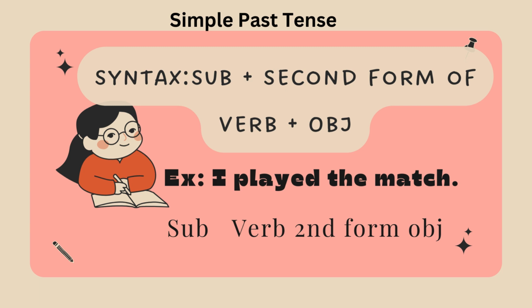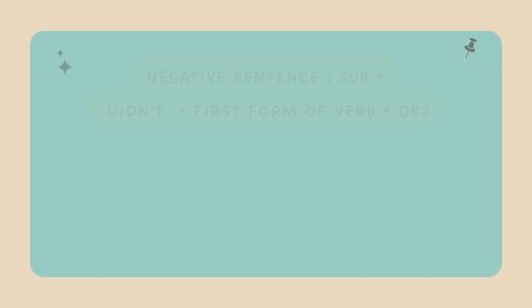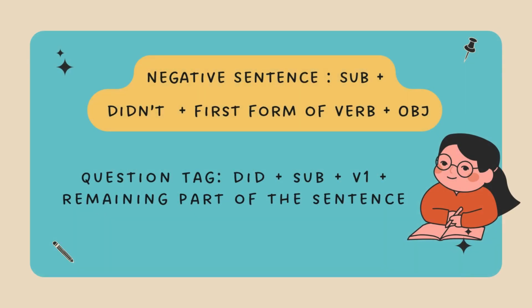You should not miss any point. Coming to the negative sentence structure: subject plus did not plus first form of the verb plus object. For every tense we are using the verb forms, right?